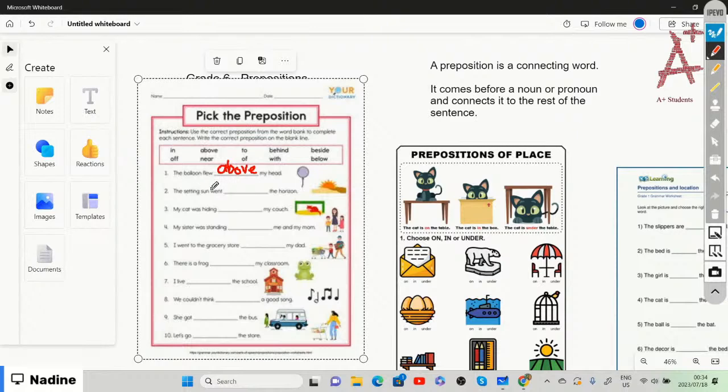The setting sun went. So we can then say it went behind the horizon.